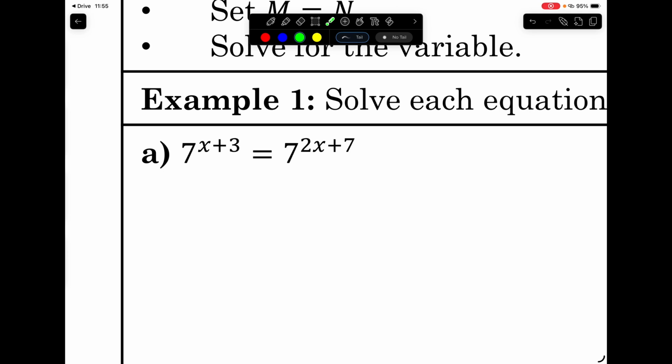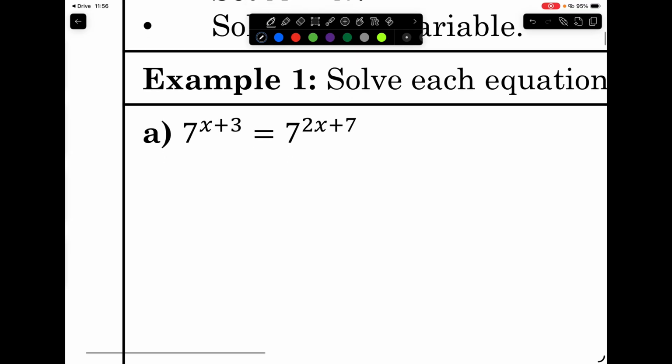This is the easiest thing that could occur in these types of exponential equations, that the powers have the exact same base. So since these two bases are the same, that means that the exponents are equal to each other.